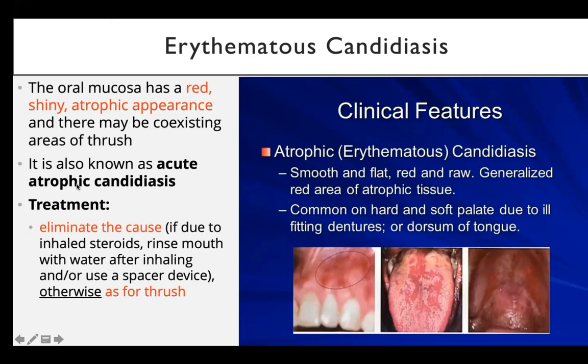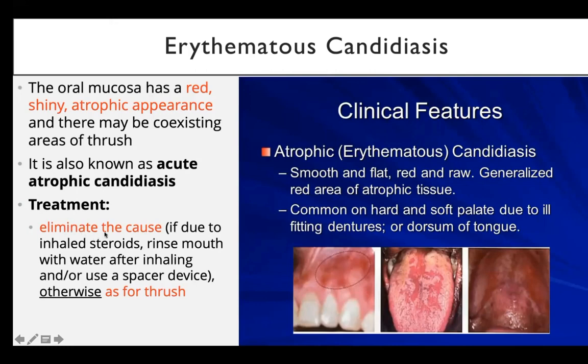It is also known as acute atrophic candidiasis. We already know this is acute, but it is also atrophic. We have smooth, red, flat, raw, atrophic tissue areas. Atrophy is weakening of tissues. So you see some atrophic tissues, right?